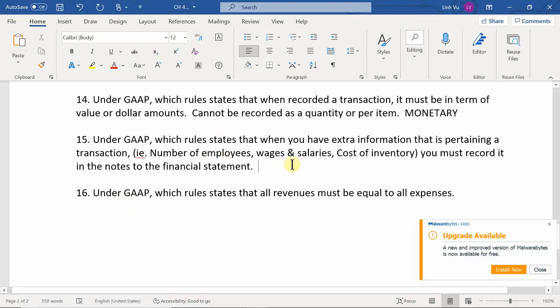No, hold on, one second. So it was in the basic principles, historical cost. It is a basic principle, yes. Now, which one?